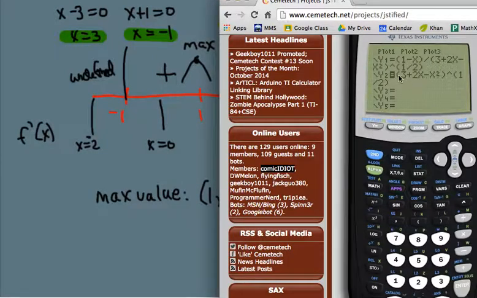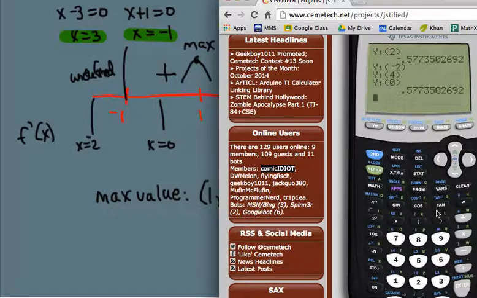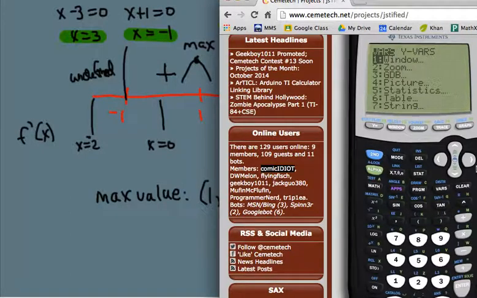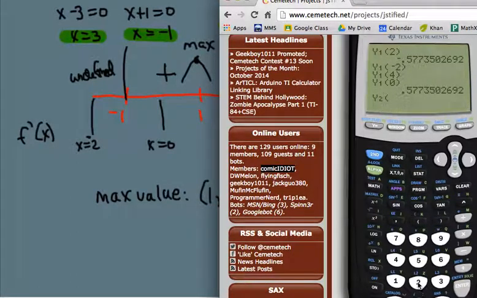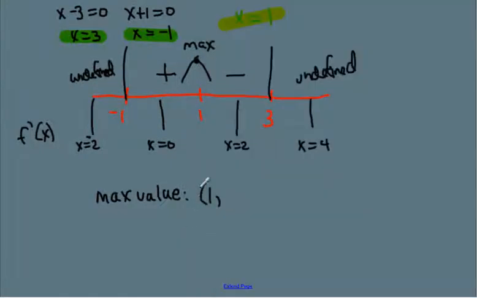Under y2, I have my original equation, so I'm going to go second quit, vars, y vars, and I want the second equation. I'm going to plug in at 2. I get 1.73. That's not right.